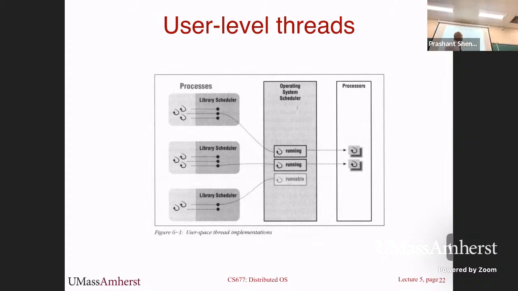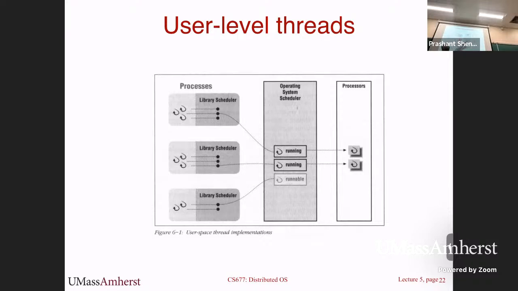So it's going to, in this case, take this process and put it on this core. Once you do that, the library scheduler has to decide which of its threads actually runs, because all the OS scheduler has done is said this process executes. It doesn't say which thread of that process executes. That decision is made by the library scheduler. So you can have whatever scheduler you want in there, independent of this one.